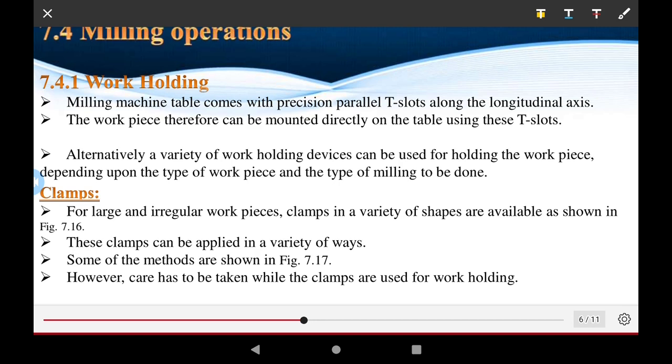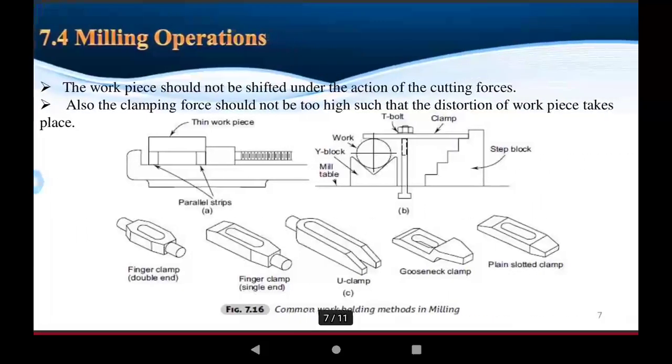In a milling operation, the workpiece should not be shifted under the action of the cutting force. Large workpieces need a large cutting force, and the workpiece should not be shifted.